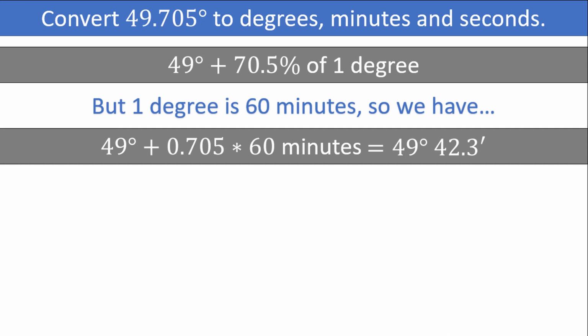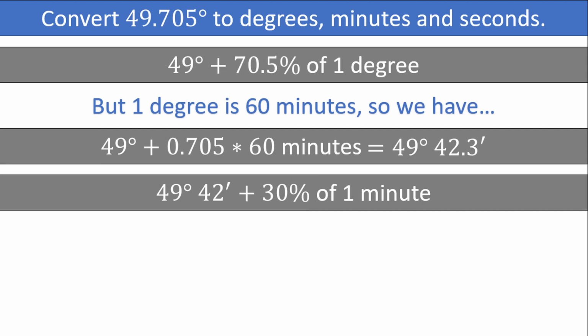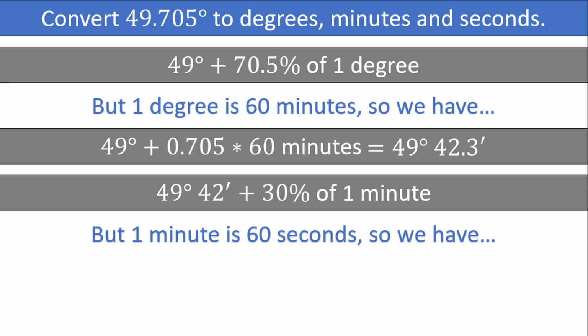But since we did not get a whole number of minutes, we may want to be even more precise and convert our partial minute into seconds. We have 42.3 minutes, which is 42 minutes, and then we are 30% of the way to having another whole minute. But we know that 1 minute is 60 seconds.